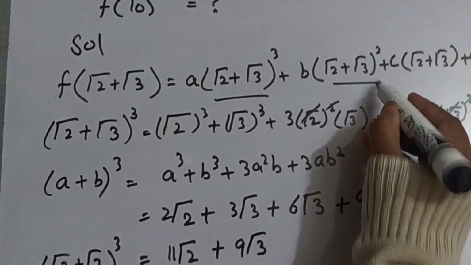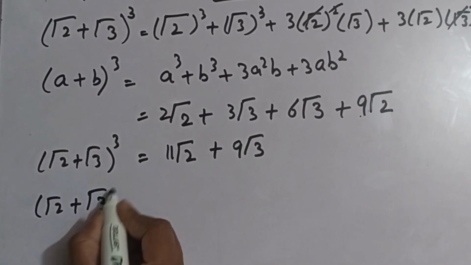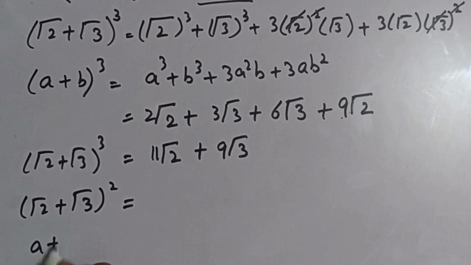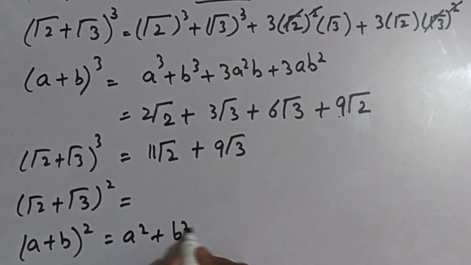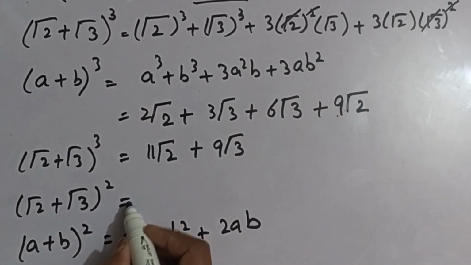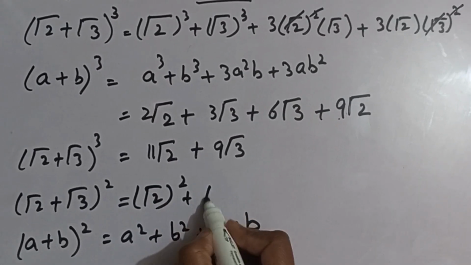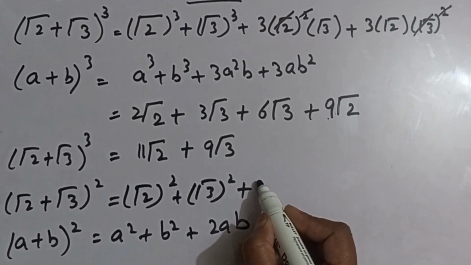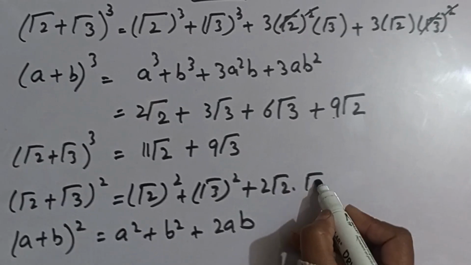So now we simplify this part. We have square root 2 plus square root 3 whole square. We use the identity a plus b whole square, which is equal to a square plus b square plus 2 times the product ab. So this is equal to square root 2 square plus square root 3 square plus 2 times square root 2 multiply square root 3.